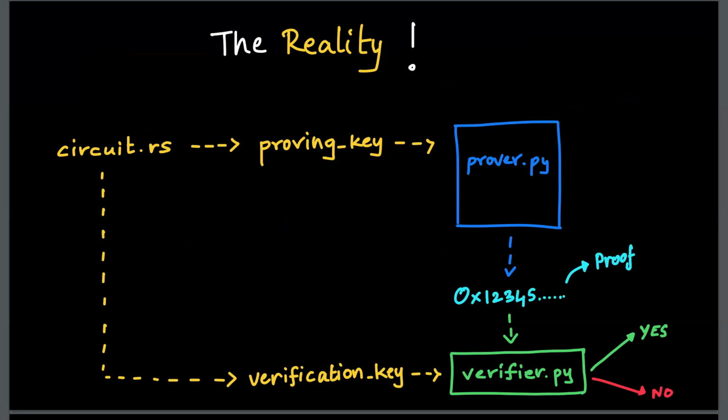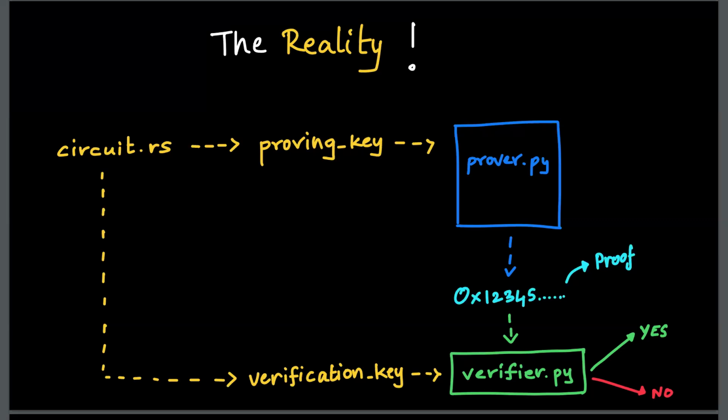But in reality, a lot of zero knowledge protocols are non-interactive in the sense that they are computer programs. The prover and the verifier are not people or characters that can interact, but computer programs that face computational difficulties and have limited resources and constraints. In reality, you would build a circuit which encodes all your computation, and this circuit would produce a proving key which is given to the prover.